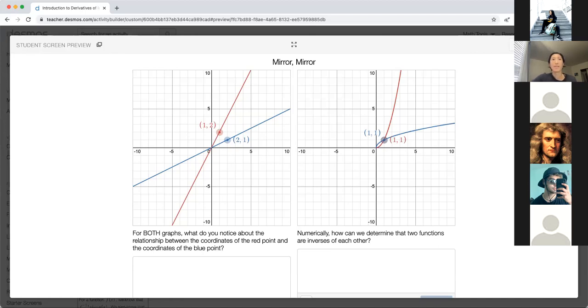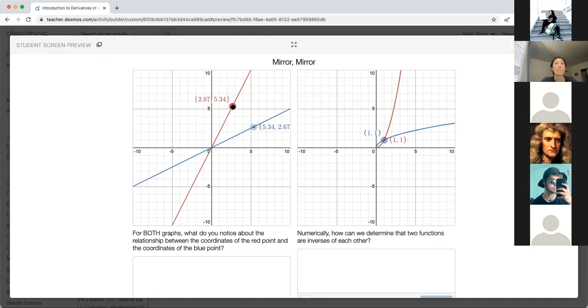All right, so in your Desmos activity, this is the very first slide, okay? So I'll give you folks a moment to look over this. If you have your version opened up, you'll notice that there's a red point and a blue point, the red point on the red curve, the blue point on the blue curve. And if you click on this, you can drag them.